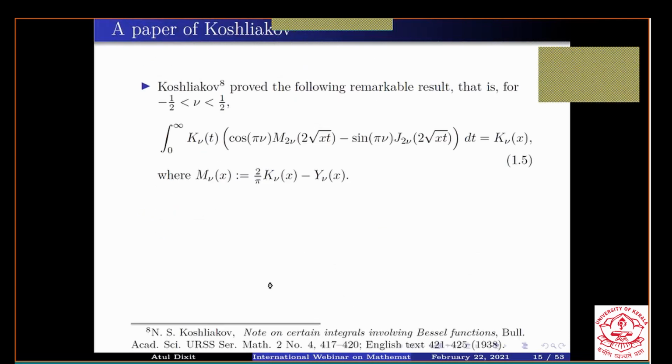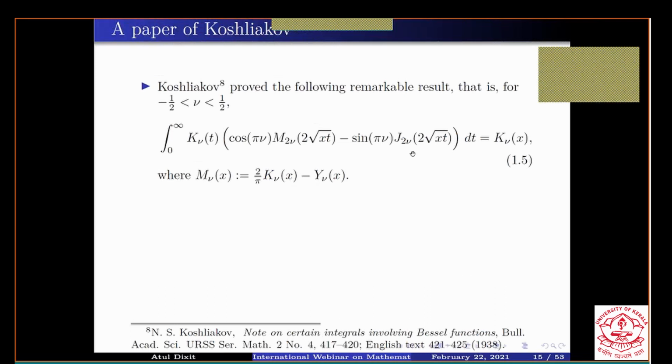I would like to say something about two important results that we use heavily, or actually in a generalized manner, in our work. One is due to the Russian mathematician Koshlikov. What is he saying? If you take this particular combination of Bessel functions, you have the Bessel function of the first kind, the Bessel function of the second kind, as well as the modified Bessel function of the second kind.